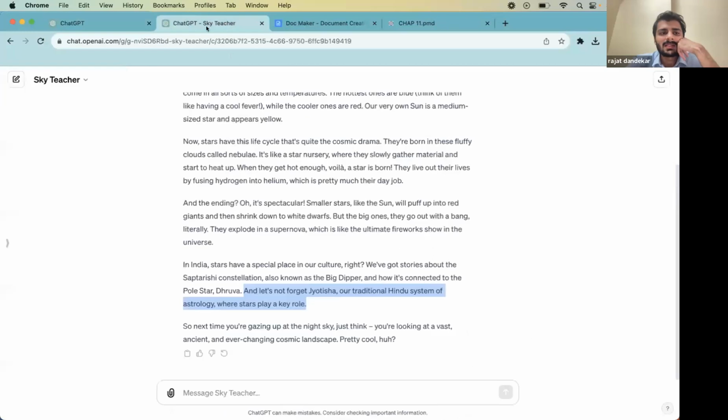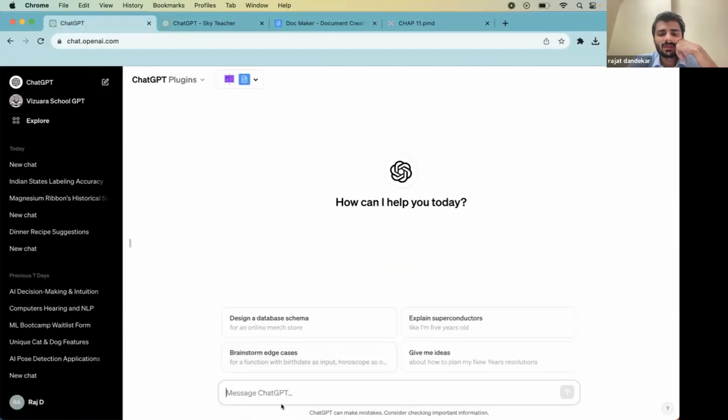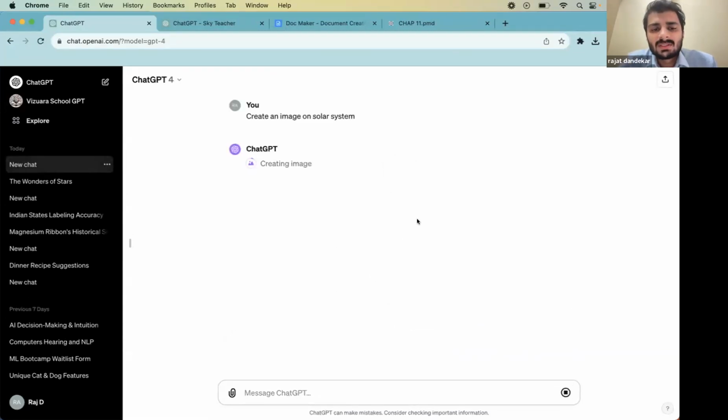Now, let's see how you can create images using ChatGPT, which is actually quite simple. So let's say I want to create an image on solar system. It's really simple actually.